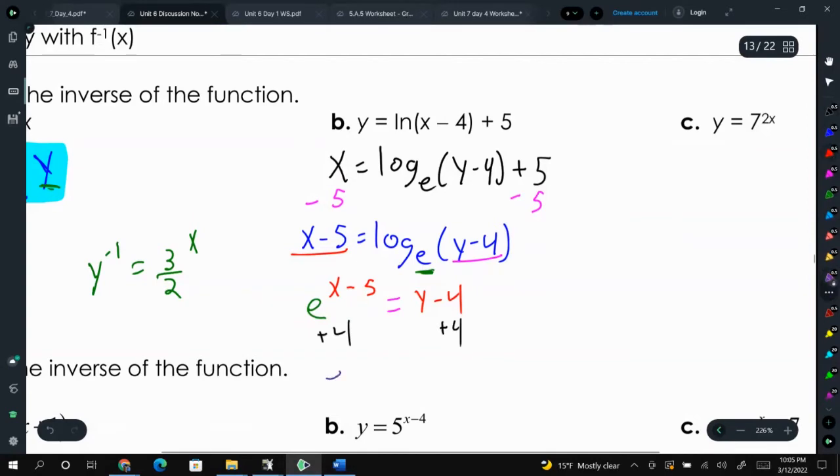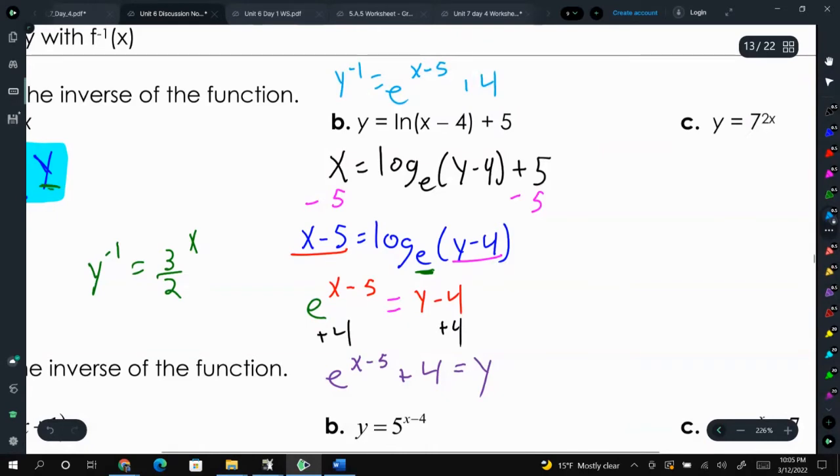This is going to be e raised to the x minus 5 power plus 4 equals y. And then we would end with writing that in inverse notation. E to the x minus 5 power plus 4.